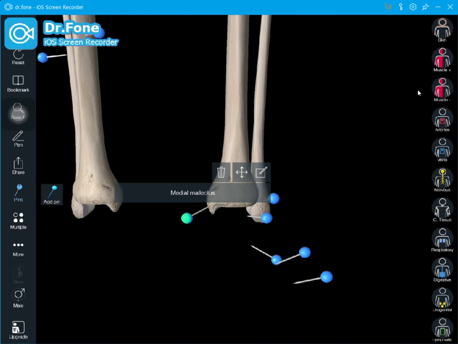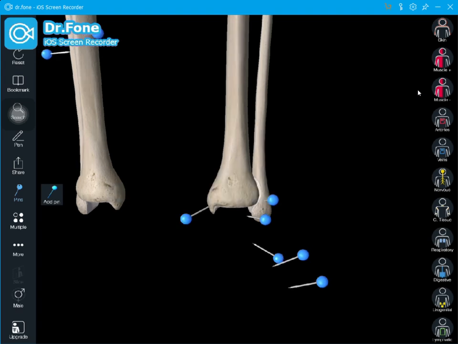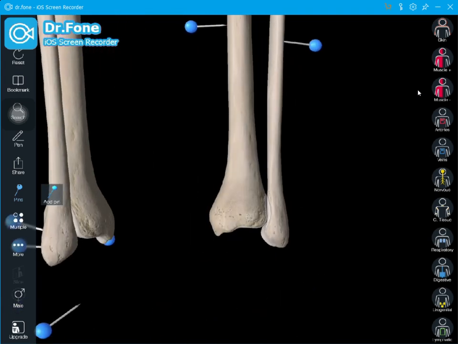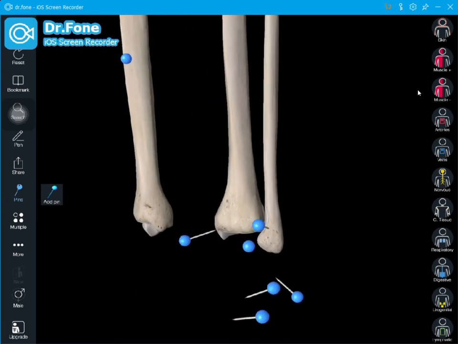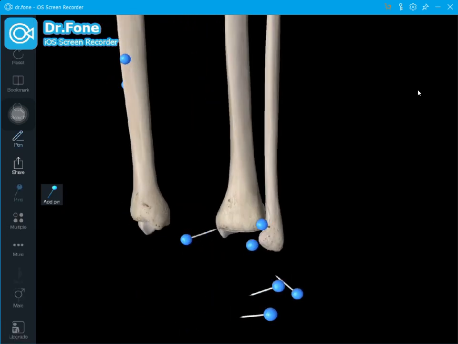But malleolus is at the bottom of your tibia, which is on your legs, and styloid processes are on your arms, which is very different. So your fibula has a bit of a shape.